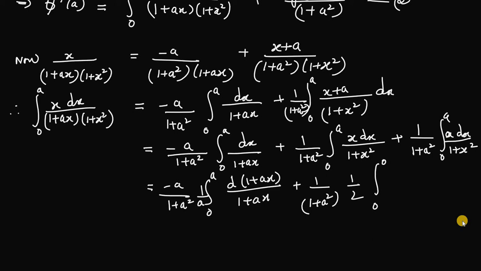Why? Because you'll have it as d of 1 plus x squared. So d of 1 plus x squared will give you 2x dx. X dx will be there, but 2 and 2 can be cancelled. So it will be 1 plus x squared. And the last one is 1 by 1 plus a squared. Now a also can be taken outside. Then integral of 0 to a, dx by 1 plus x squared.